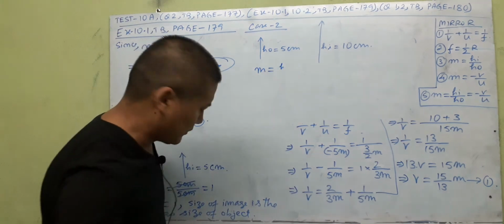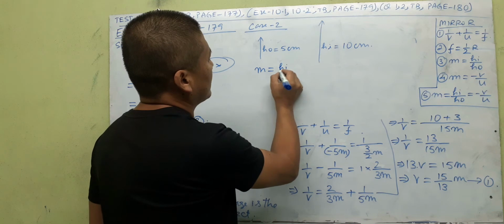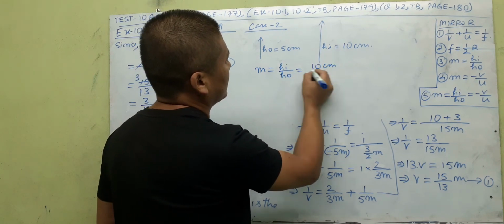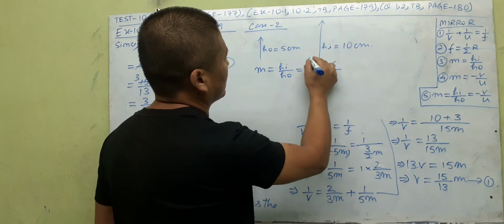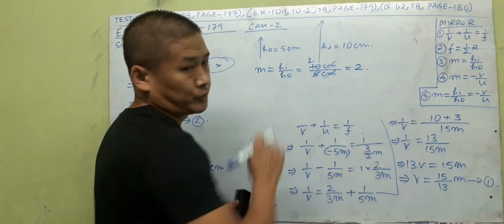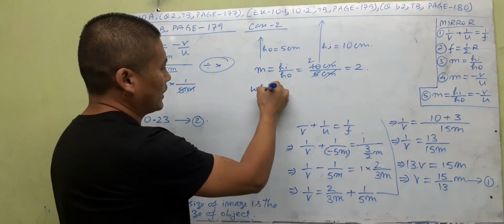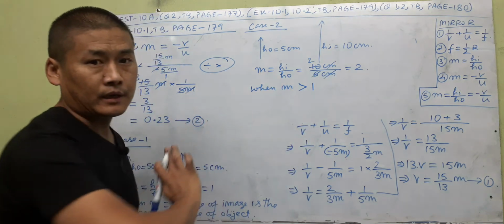And m will be equal to what? I will not write the formula anymore, I will just use this HI. Okay, just write HI by HO. Then 10 centimeter divided by 5 centimeter. So that is 5 2s are 10. So m will be 2. That means we see that when m is greater than 1, 2 is greater than 1 now.